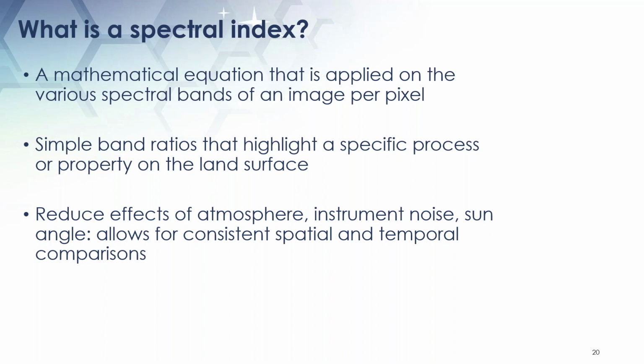It's a simple mathematical expression that highlights these reflectance properties. It's also helpful to use a spectral index to reduce the effects of the atmosphere and potentially aspects of the sensor. It can also be applied across space and time for multi-temporal comparisons.